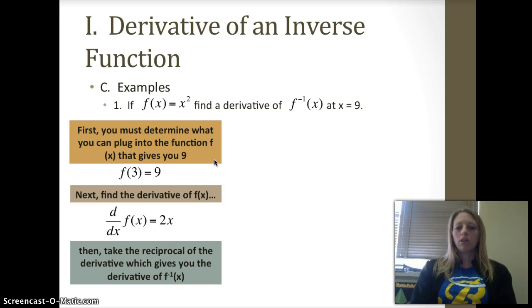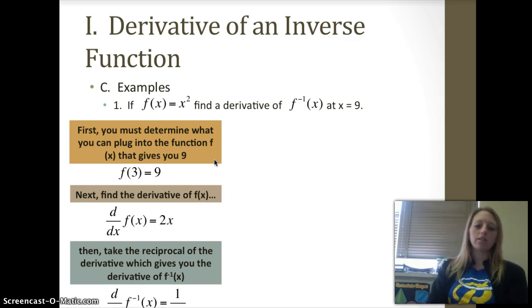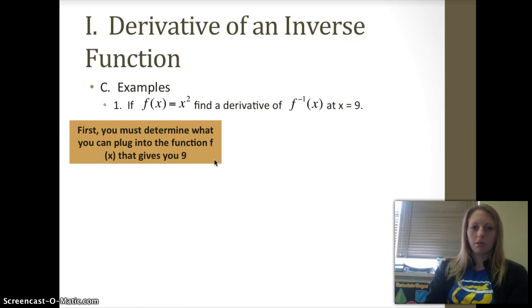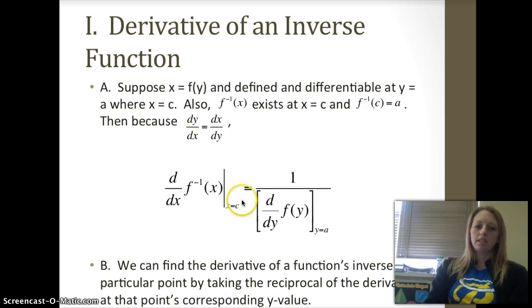Take the reciprocal of the derivative, which gives you that, and I understand it's probably hard to see, but it says the derivative d/dx of f inverse of x equals 1 over 2x. So it's just 1 over that derivative. And lastly, we have to plug it into our formula. So the formula I'm talking about, I'm going to go back really quickly, is this right here, where you have this whole thing.